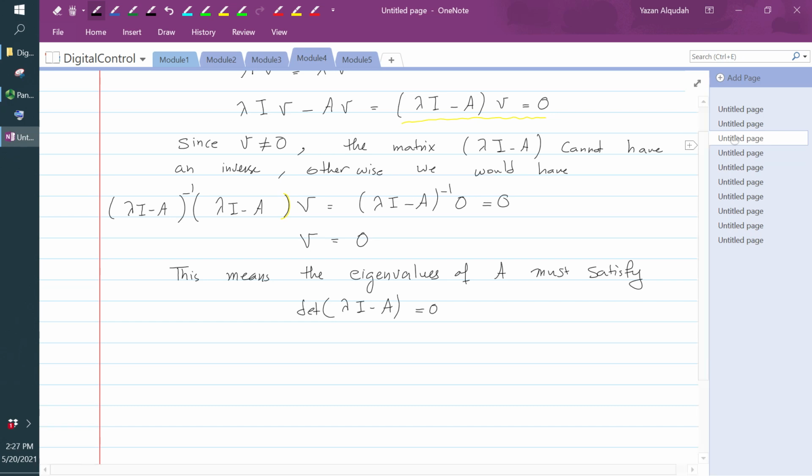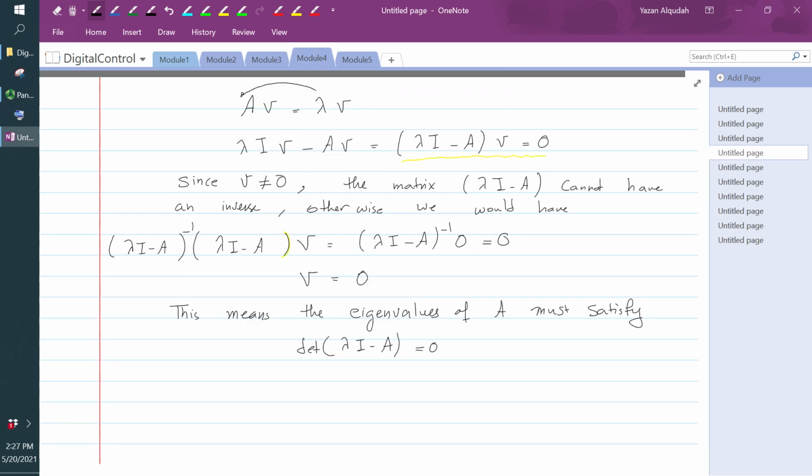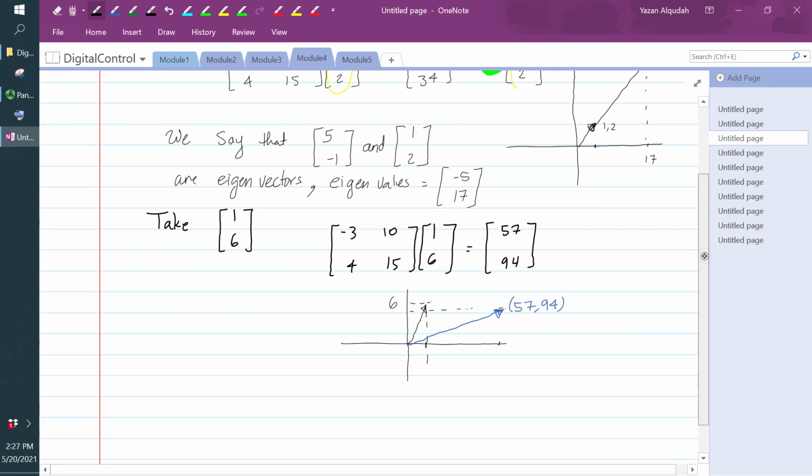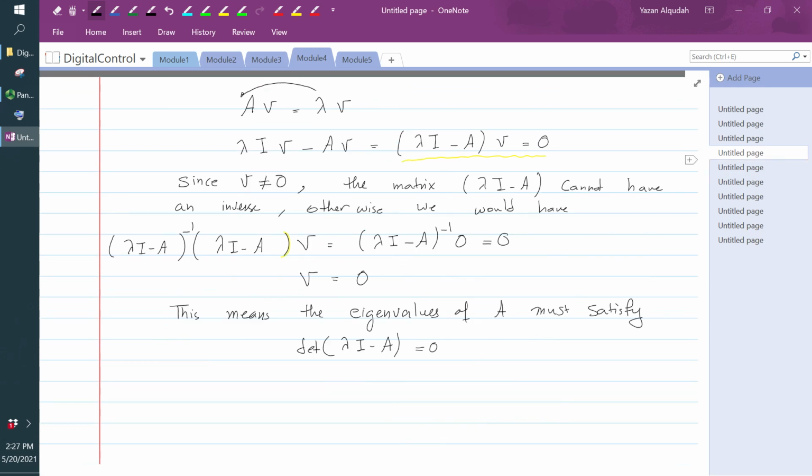So we started here. We started here saying that A multiplied by V, where V is the eigenvector, is equal to lambda multiplied by that eigenvector.